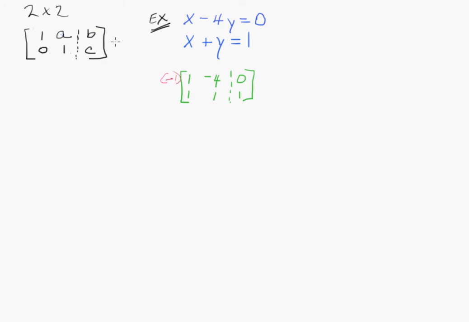If I do that, then in this position I'd get -1, here I'd get 4, and here I'd get 0. Now I'm going to take this changed line and add it to the bottom line.